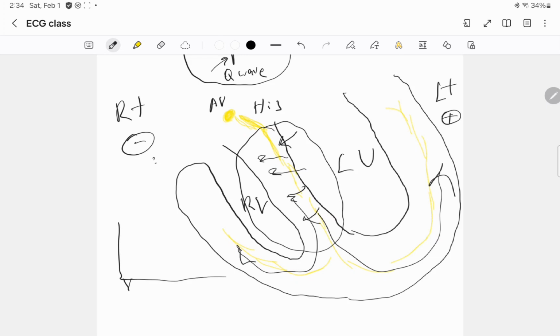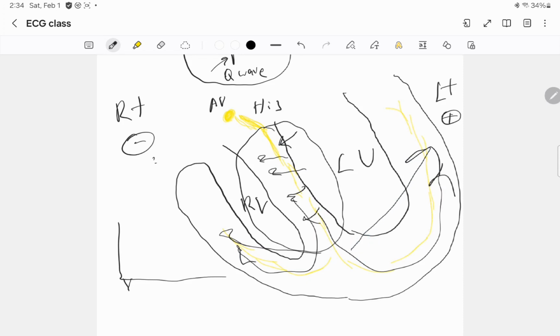Now, the septal tissue is small in comparison to the entire mass of cardiac tissue that is the right and left ventricles. So it will be a small deflection in comparison to the depolarization of the rest of the heart. When the right and left ventricles depolarize, the right ventricular depolarization will be heading towards the right, and the left towards the left.